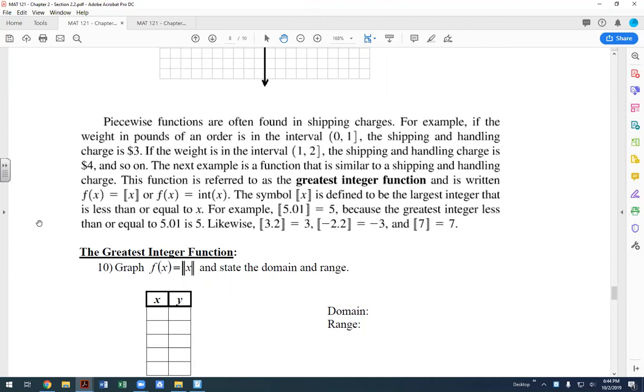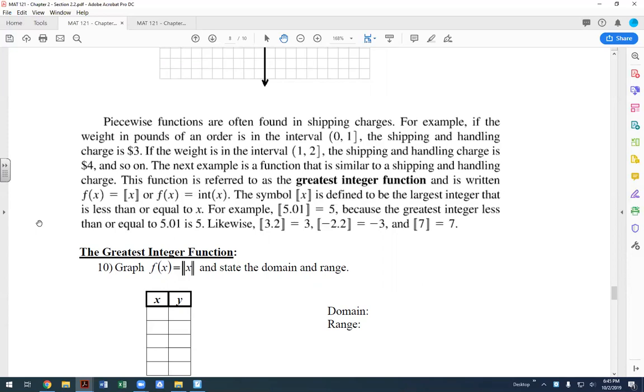So that's your greatest integer function, or sometimes we just call it the integer of x, or the int of x. Now this definition we're saying is defined to be the largest integer that is less than or equal to x.